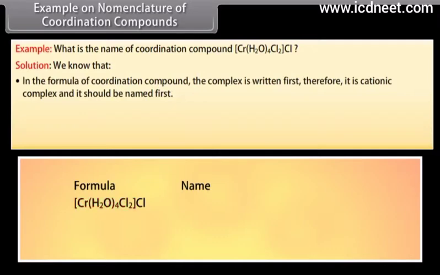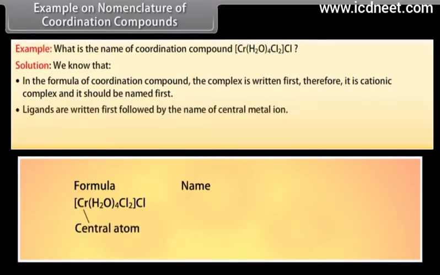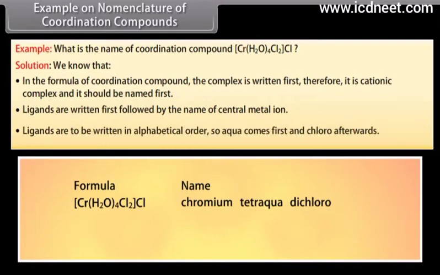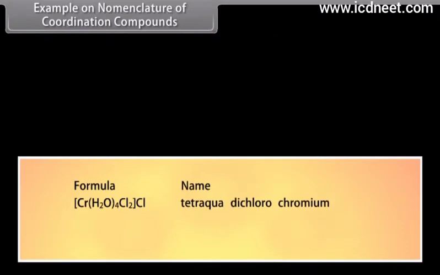In the formula of coordination compound, the complex is written first, therefore it is cationic complex and it should be named first. As per rules, while naming the complex, ligands are written first followed by the name of central metal ion. Ligands are to be written in the alphabetical order, so aqua comes first and chloro afterwards.